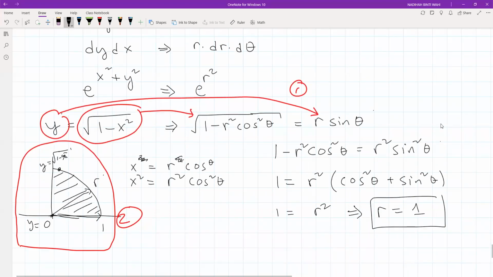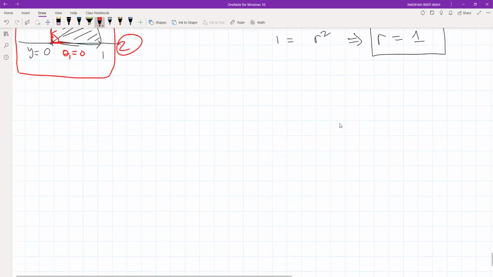So it's just the quadrant 1. So this is your theta 1, and then this is your theta 2. Okay, any question?